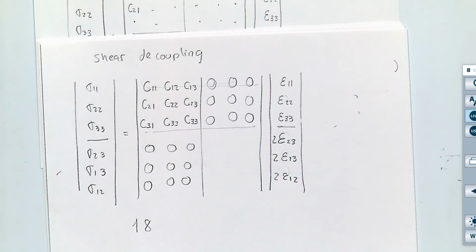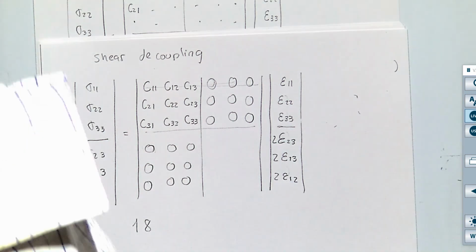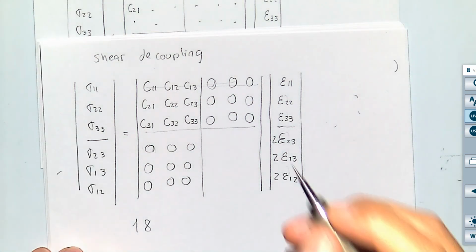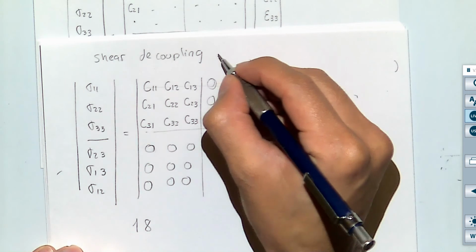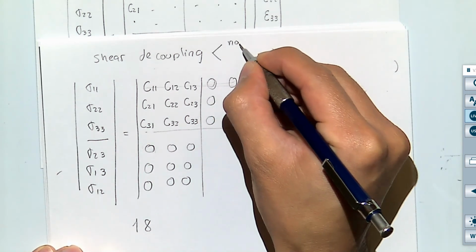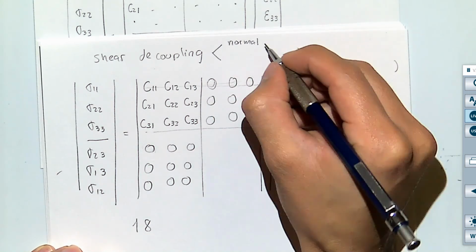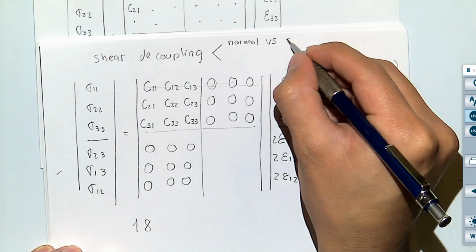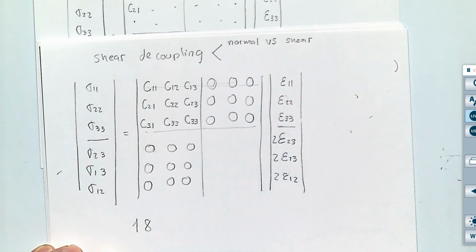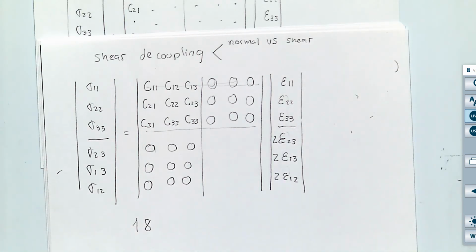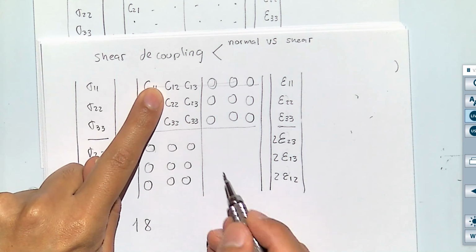Because of the shear decoupling between normal stresses and shear strains, we got rid of 18. This is what we just did. Now I have 18. I have 9 here and I have another 9 there.